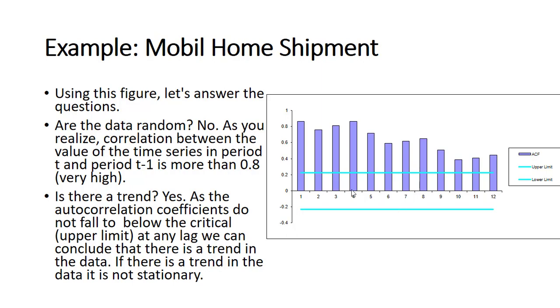The second question, is there a trend? Yes. As the autocorrelation coefficients do not fall below the critical level, which is an upper limit, at any lag, we can conclude that there is a trend in the data. If there is a trend in the data, it's not stationary. You might think of the trend in the data as stickiness in the series. A positive spike at lag 1 is called stickiness.